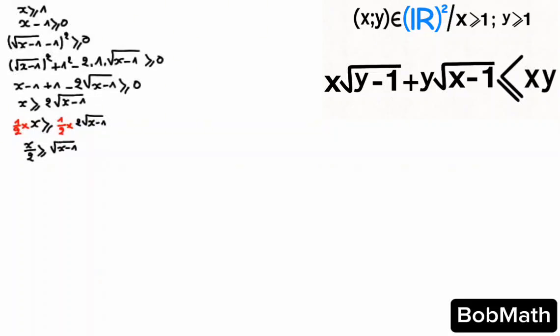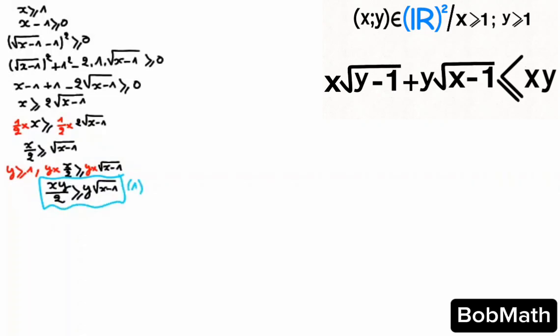And we have y greater than or equal to 1, so y times x divided by 2 is greater than or equal to y times square root of x minus 1. Therefore, xy divided by 2 is greater than or equal to y square root of x minus 1. We call this inequality 1.